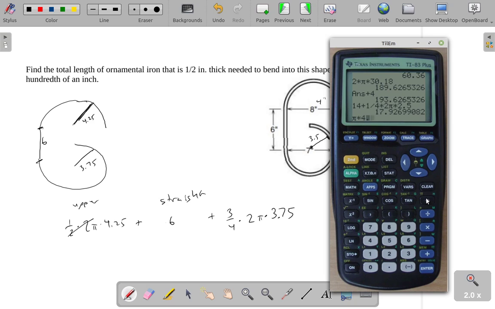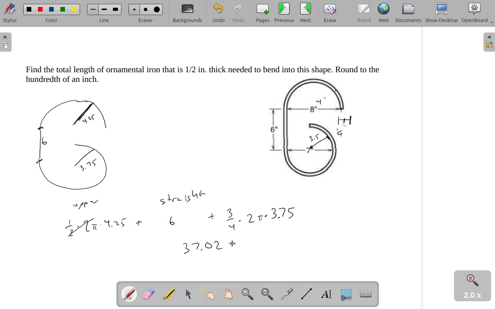Pi times 4.25 plus 6 plus 0.75, that's my 3/4, times 2 times pi times 3.75, which gives me a total length of 37.02. I need to round this to the nearest 100th of an inch, and it looks like that 2 was at the 100th place. It's 4 or less, so yeah, 37.02 inches.